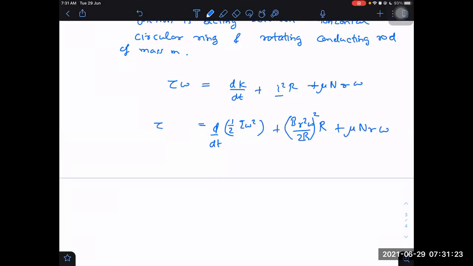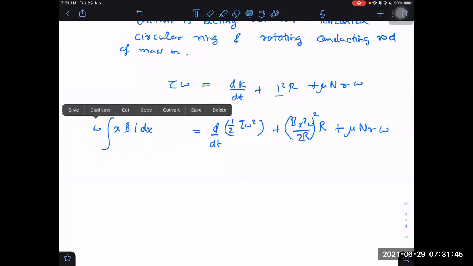Torque we can find or not? Torque we can find out by another way. What is the way to find out the torque? Integral of I into dx into B into x, from 0 to r. This is torque, and this is omega times torque.